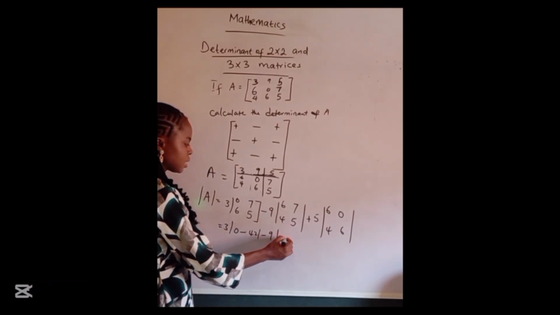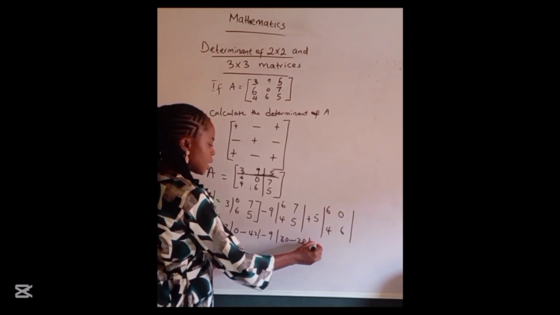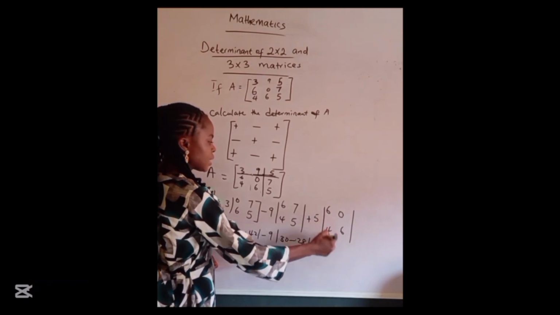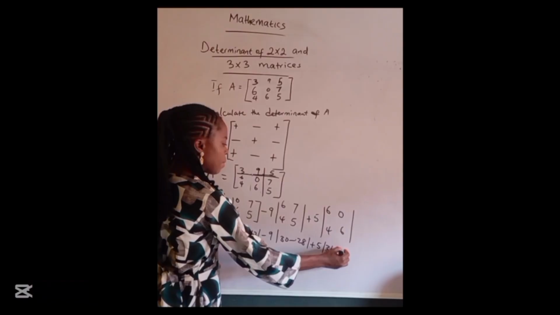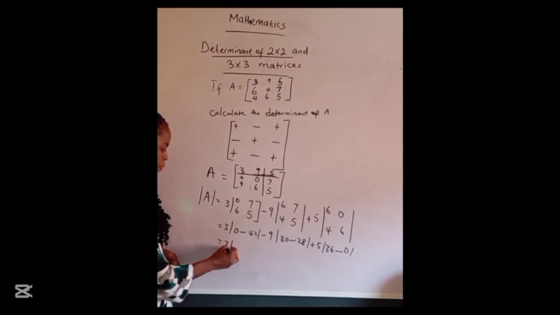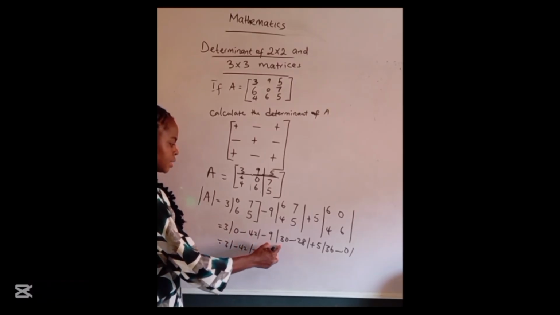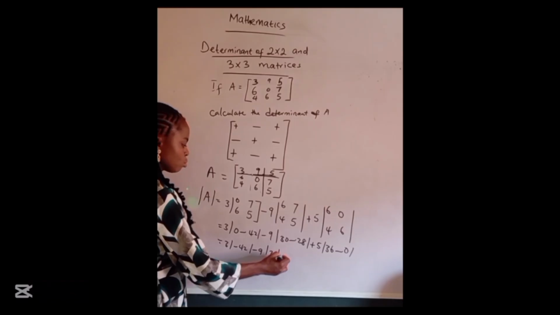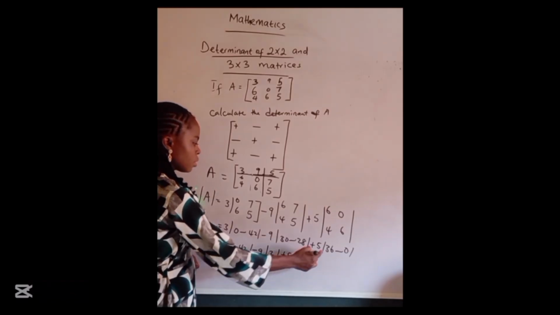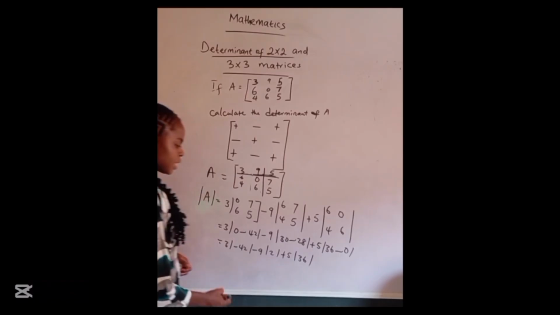minus 9, 6 times 5, 30, minus 4 times 7, 28, plus 5, 6 times 6, 36, minus 4 times 0, 0, which is 3, 0 minus 42, minus 42, minus 9, 30 minus 28, 2, plus 5, 36 minus 0, 36.